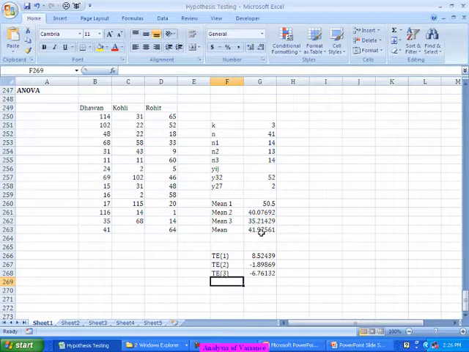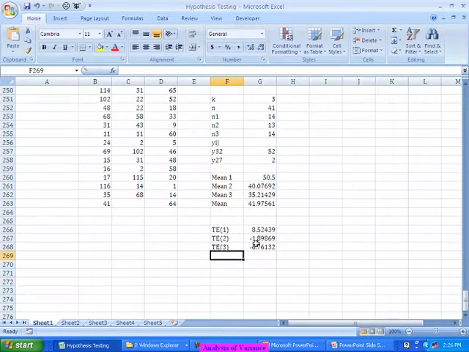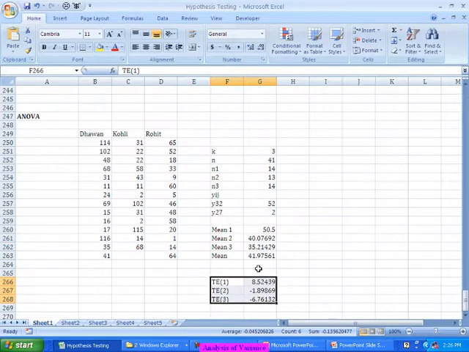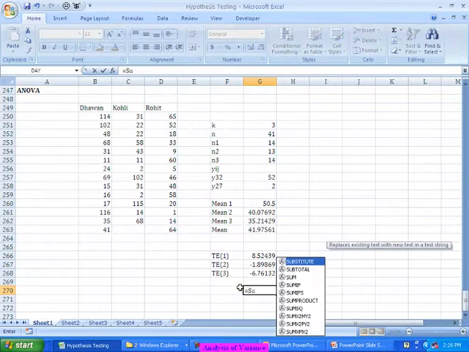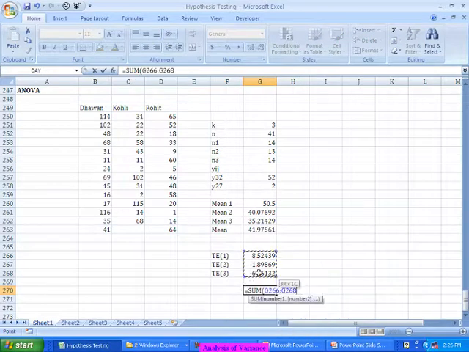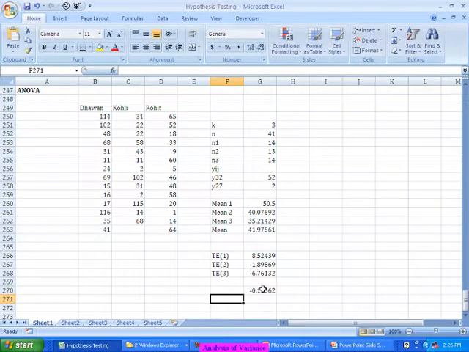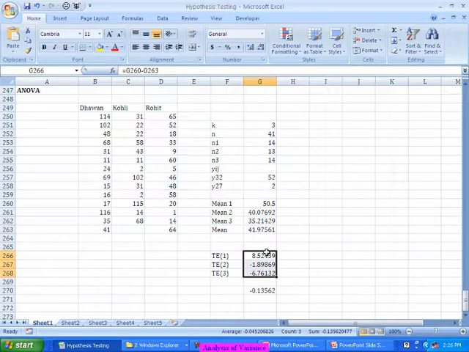Now one small thing you have to observe is these are the three treatment effects for the three players whom we have highlighted, and as per basic arithmetic, the sum of all the treatment effects should be equal to 0. If I add up all these three, the sum will come closer to 0, with a very small difference.